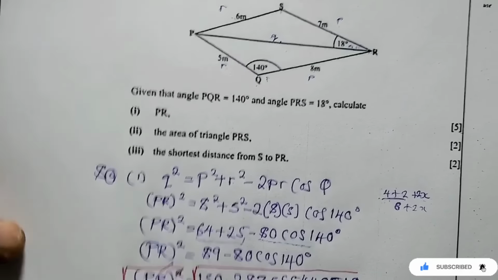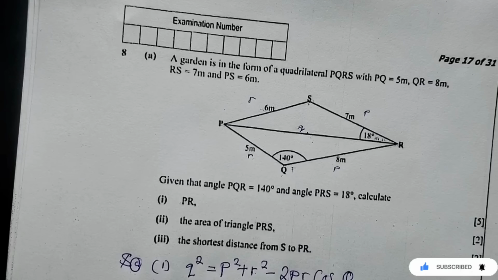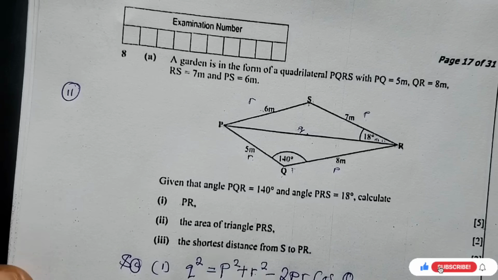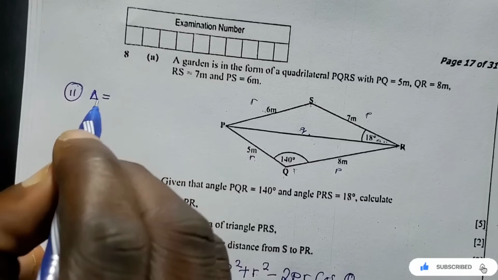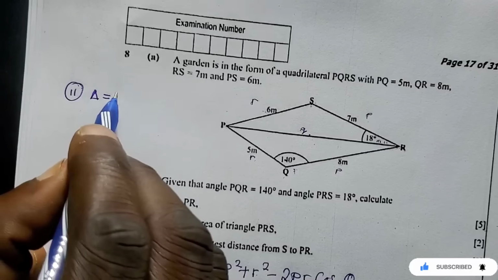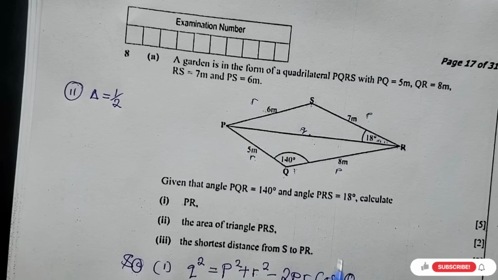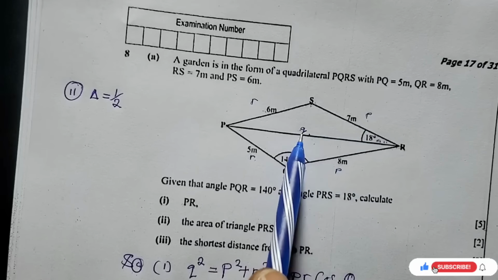Let me just solve it here on top so that you'll be seeing what I'll be doing. Number 2. So we are asked to find the area of the triangle. And the area of a triangle is always half the two other sides, which is PQ.